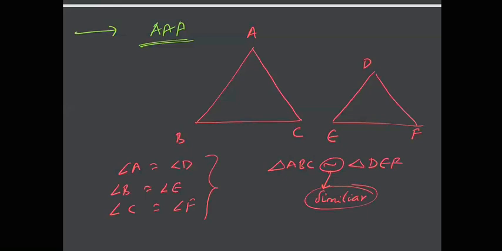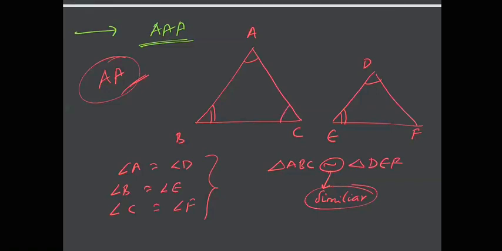Now if say two angles are equal in two triangles, say I have given you that angle A is equal to angle D and angle B is equal to angle E, then can I say that these two triangles are similar? Yes, I can say so, because we know that the sum of angles in a triangle is 180 degrees. That is fixed, right?